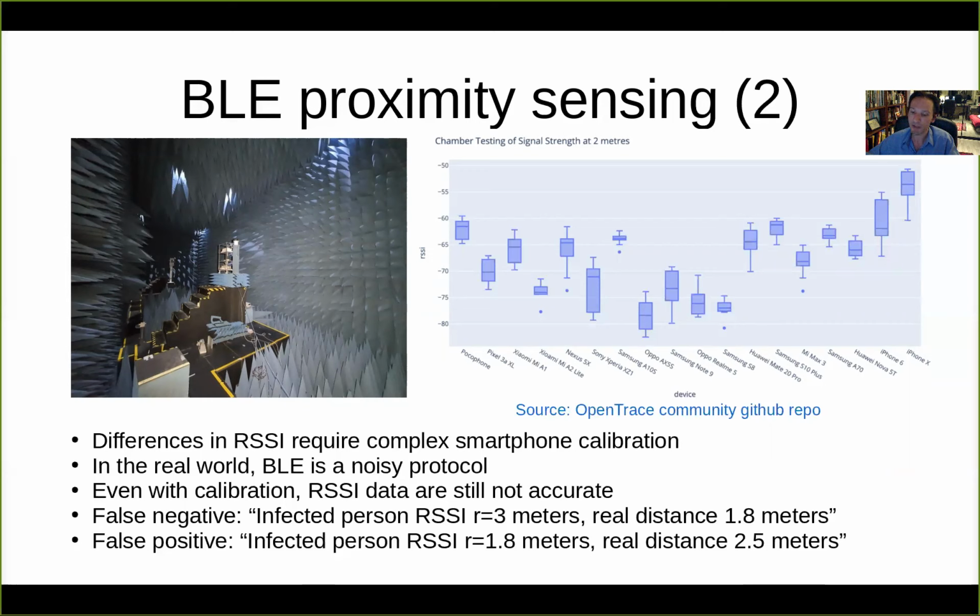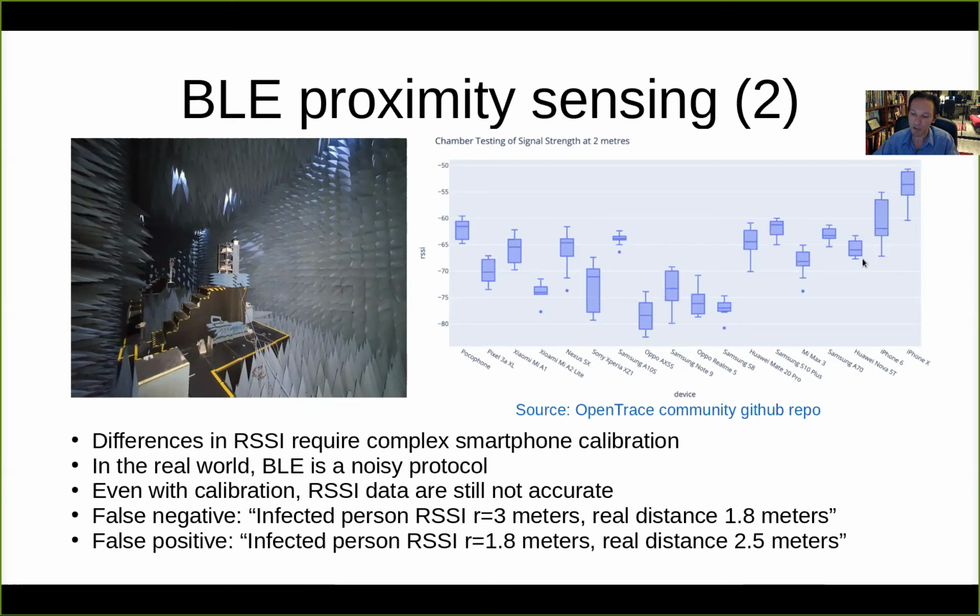They placed all these phones at a predetermined distance from a transmitter, in this particular case 2 meters. The graph on the right here shows the measured RSSI values in dBm for 18 mobile phones. As you can see, there are huge discrepancies.